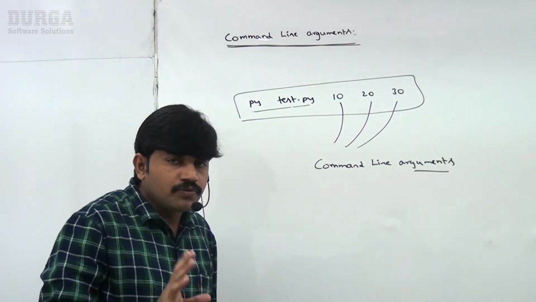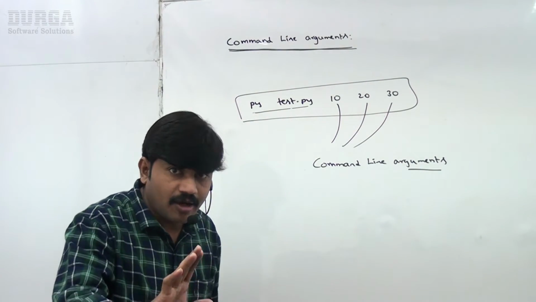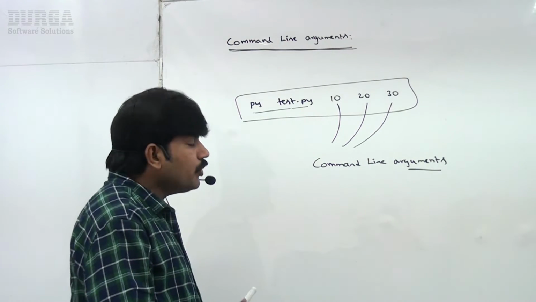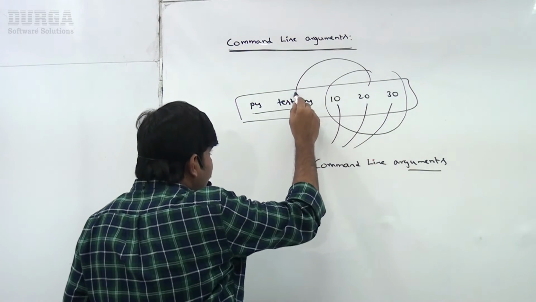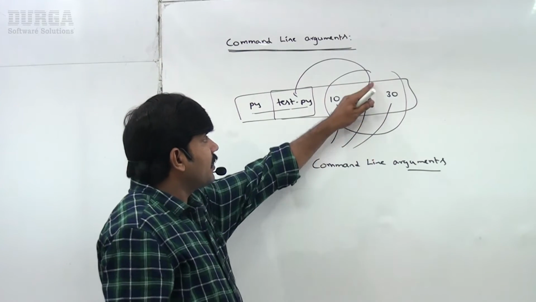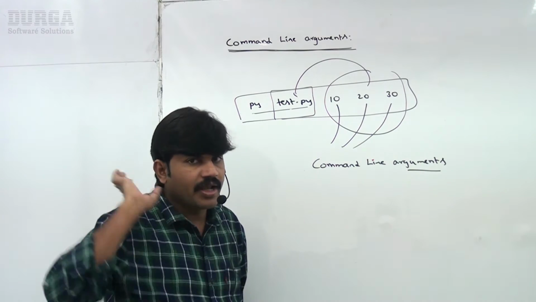The arguments which are passed from the command prompt are called command line arguments, right? Sir, now my next important point: how can you read these command line arguments inside test.py? I have a test.py file. How can you read and use these command line arguments? We have to discuss.